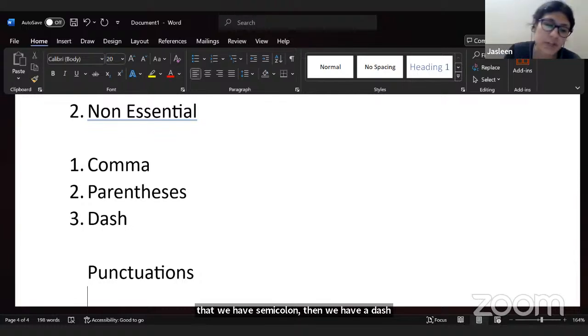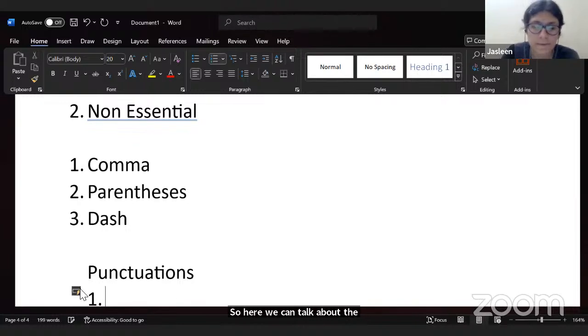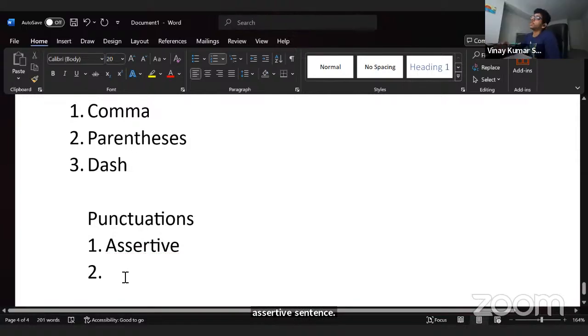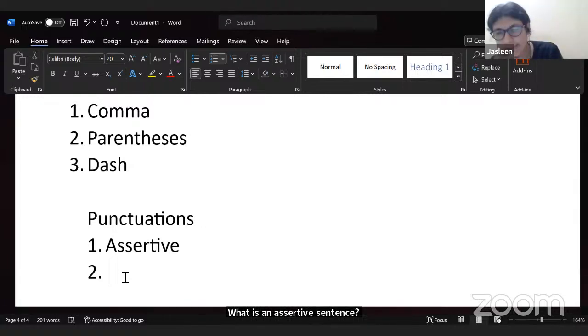So here we can talk about the sentences. The first one is the assertive sentence. What is an assertive sentence? It's a sentence that tells something. Yes, a simple conversation, assertive sentence.